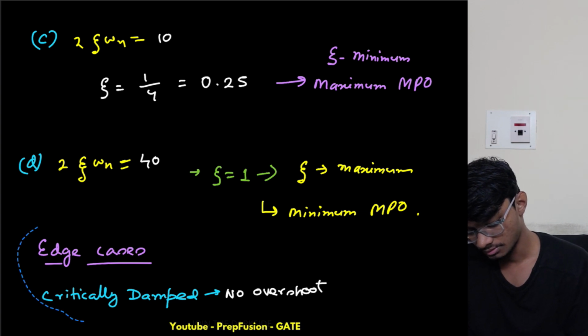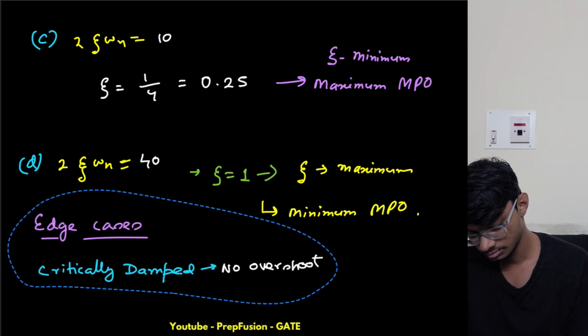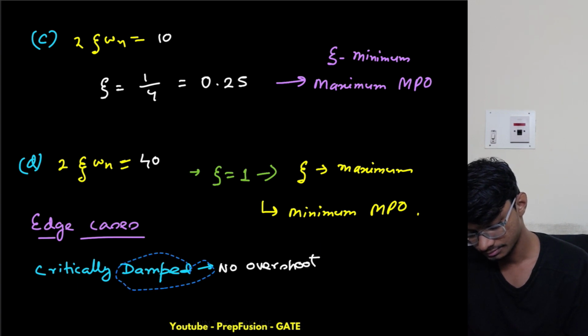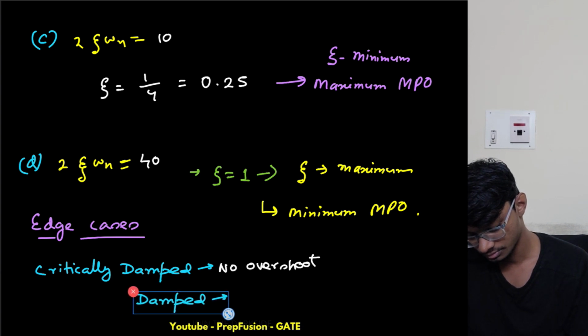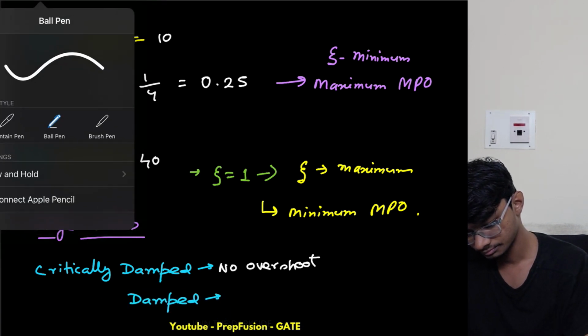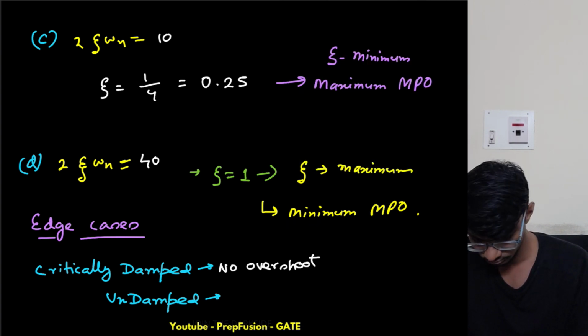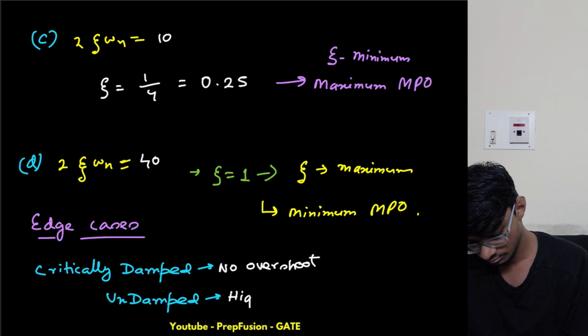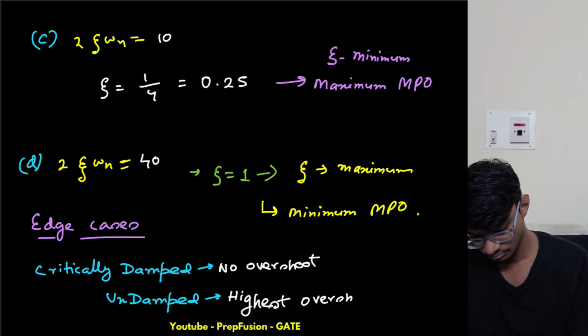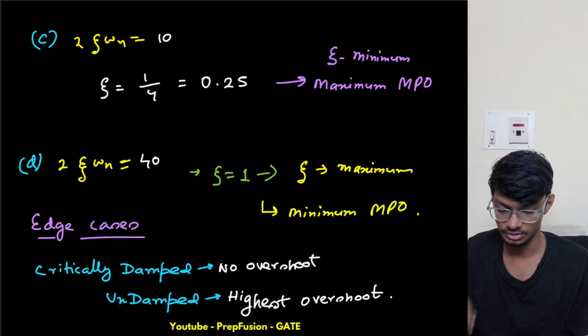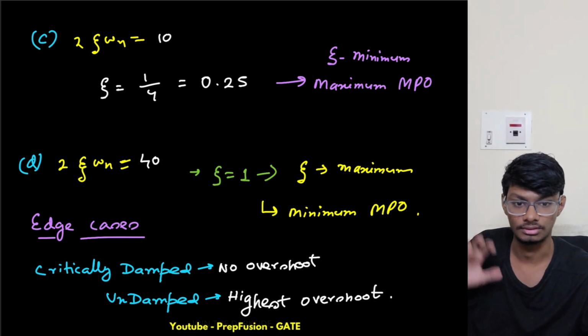And for undamped, right, it will have the highest overshoot. Okay, so yeah, that is basically the crux of this question.